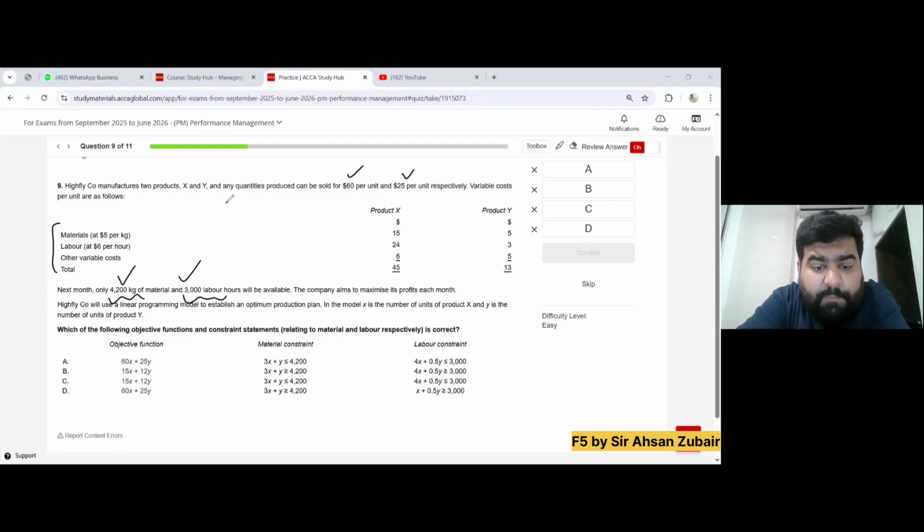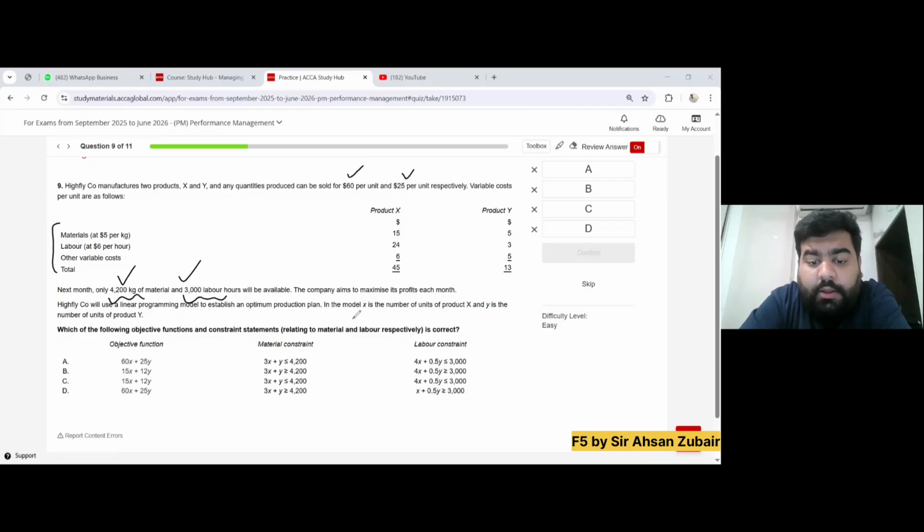Now the company aims to maximize the profit. The company will use a linear programming model to establish the optimum production plan. I already told you that the graph will not come. You don't need to make the graph, but they can ask you to make the equations, like we have done in linear programming in step 2.